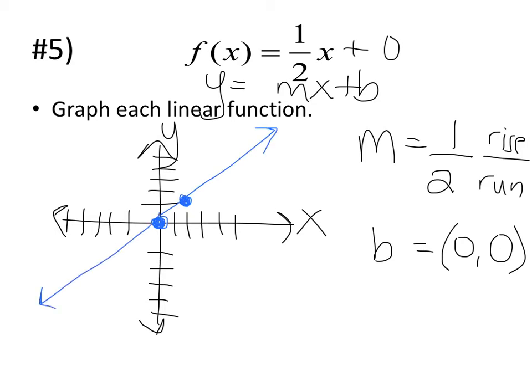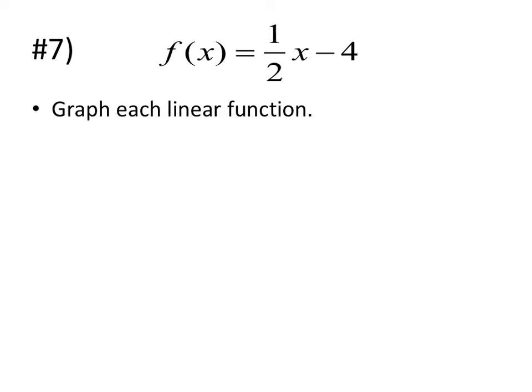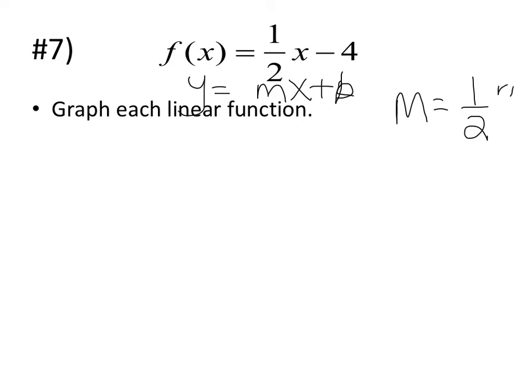Okay? Alright. Nothing's changed. Y equals mx plus b. In this case, m is 1/2. Rise over run, and b is -4. Be careful, don't forget your negative. Put a 0 in front of it.